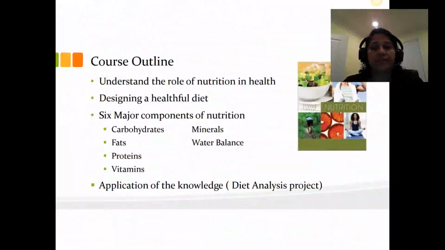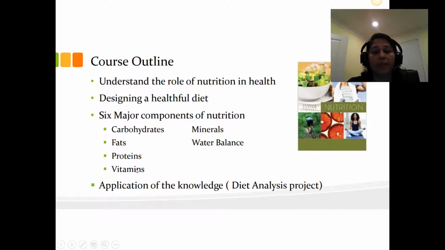Now, in terms of what we aim to do in this course, we hope that you would understand the role of nutrition in health, be able to design a healthful diet for yourself, and understand the major components of nutrition, which are carbohydrates, fats, and proteins, and these are the macronutrients.